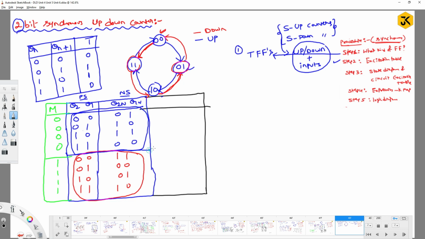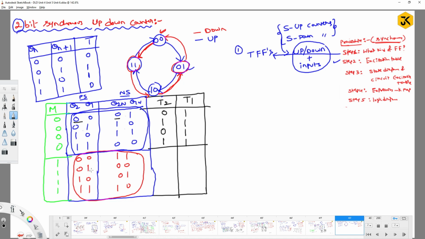If you go with the excitation table, as it is a 2-bit counter, you require two flip-flops. One is T2, another one is T1. For T2 you are going to get the values as, see, this is 0 0 latch mode, so this will be 0 0 1 changing toggle mode, 1 1 latch mode, 1 0 toggle mode. What about T1? T1 is 0 1 toggle mode, 1 0 toggle mode, 0 1 toggle mode, 1 0 toggle mode.